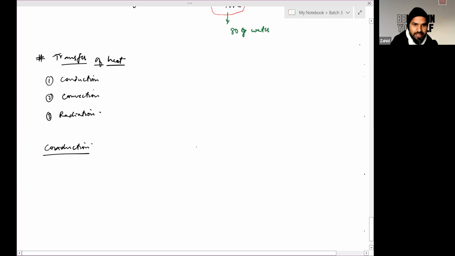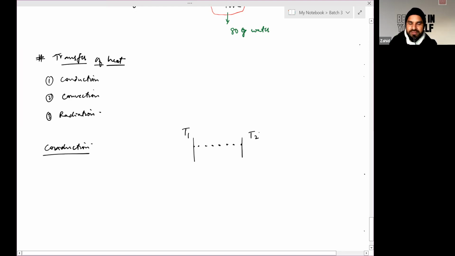Suppose you have particles in a solid arranged like this at some initial state. So if you raise the temperature of this particular solid from this end to this end, let's say the temperature of this end is T1 and this other end is T2.